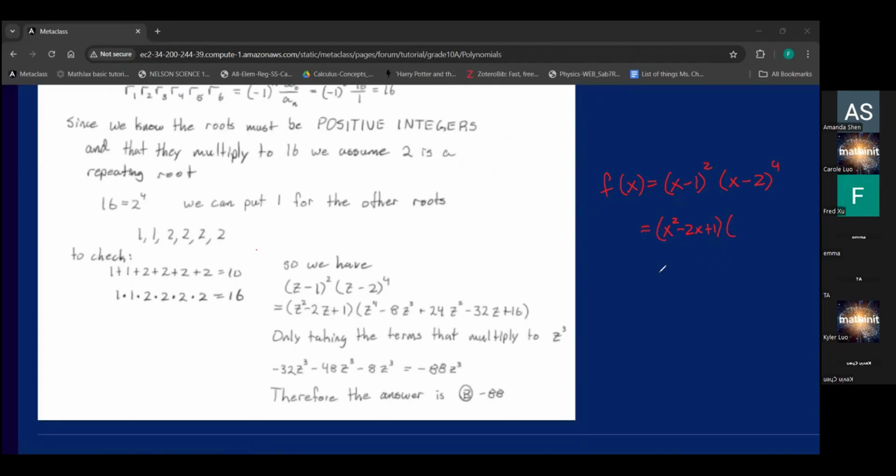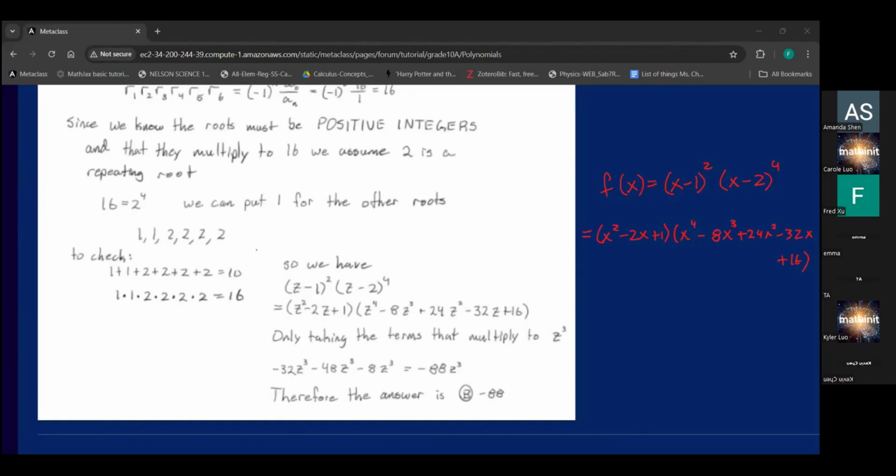You know what? I'm going to rewrite this so that I have more space. This is equal to x squared minus 2x plus 1 times x to the power 4 minus 8x cubed plus 24x squared minus 32x and then plus 16.